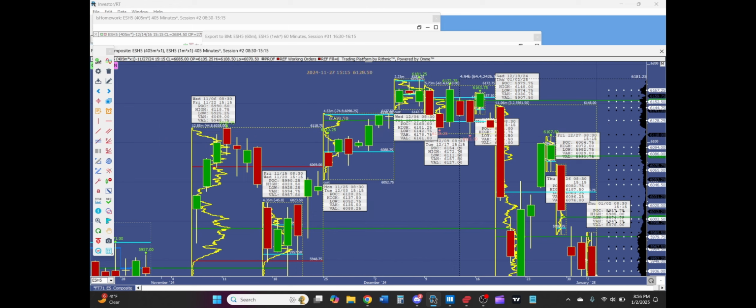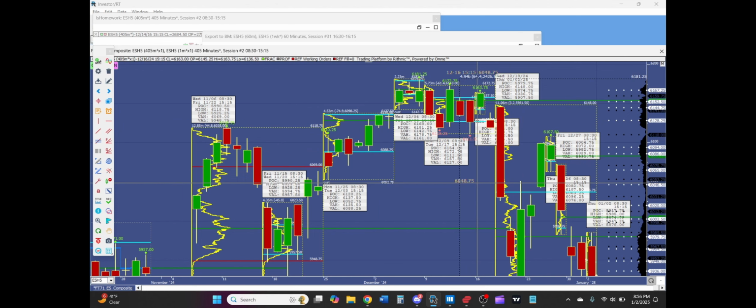Putting a volume profile, compiling these days together, 2, 4, 6, 7 trading days, creates a volume profile, and out of that we have the microcomposite VPOC, which is the volume point of control. It's the highest volume traded within that set of days. So these are the areas that we want to look at because it's a high volume node within these days.